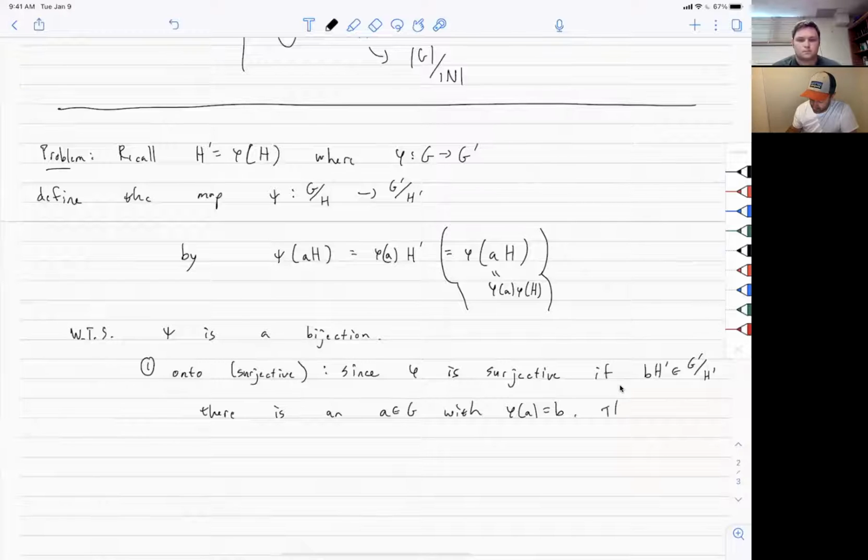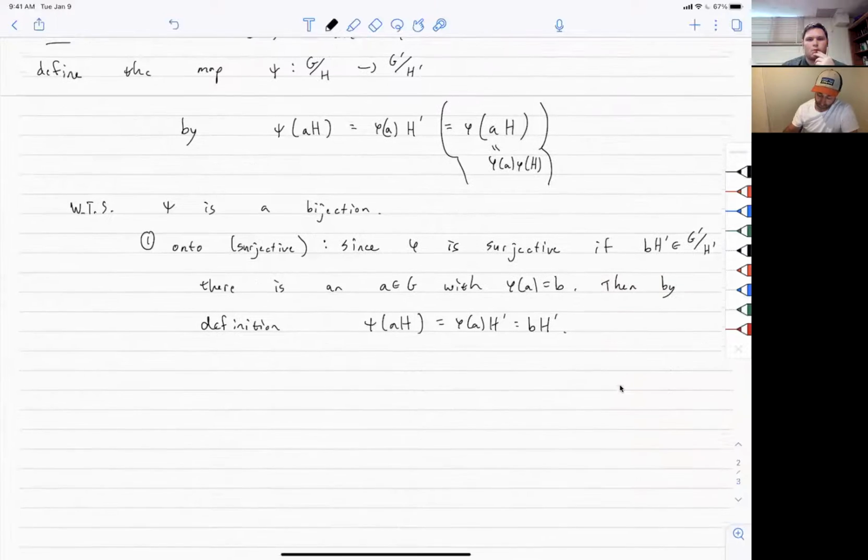So then, by definition, we have that psi of AH is equal to phi of A H prime, which is equal to B H prime. Okay. So it's onto.